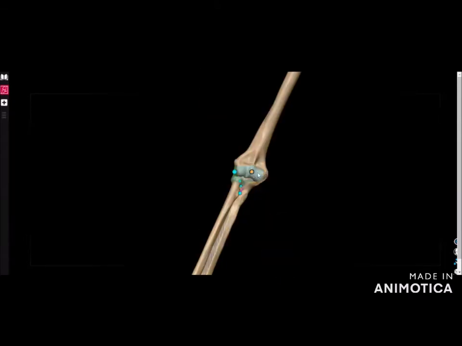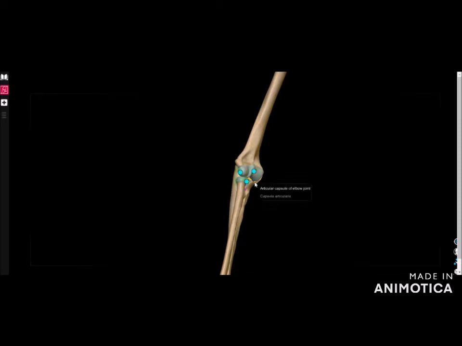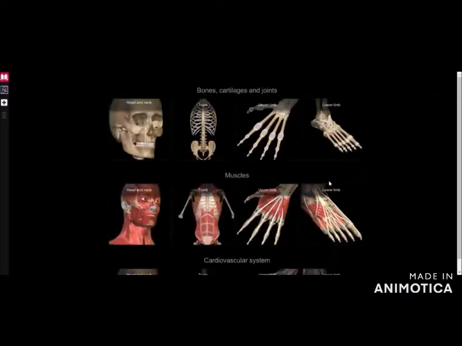You can see the trochlea, and you can see the trochlear notch. There's the coronoid process. This is the capitulum, and this is the head of the radius, which articulates with the capitulum. So let's take a look now at the radius.